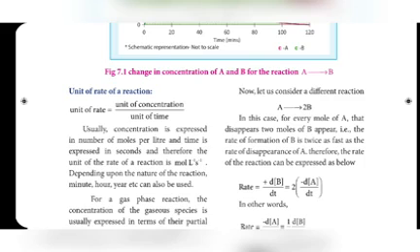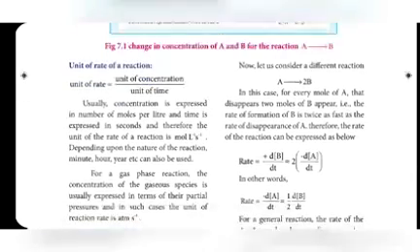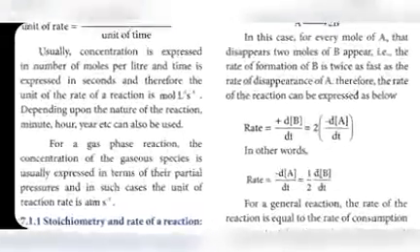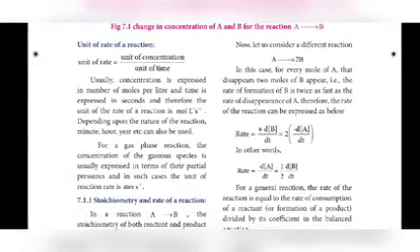So the rate of the reaction can be expressed as below. We are going to write the rate of the reaction for A gives 2B. Here A is the reactant, 2B is the product.